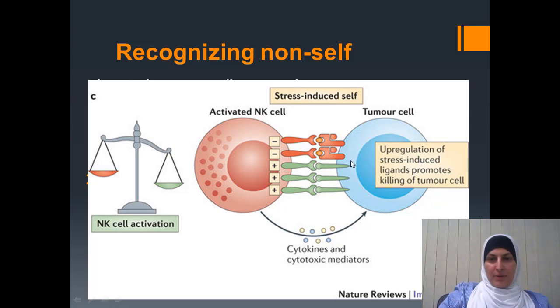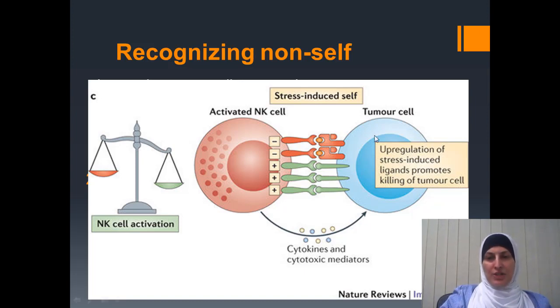So this is, for example, a tumor cell. The tumor cell is expressing the MHC molecule, but there's something wrong going on in its genome. There is haphazard replication in the DNA of this tumor cell. This would give a signal. This is a sort of protection mechanism, one of the mechanisms our body follows to survive.